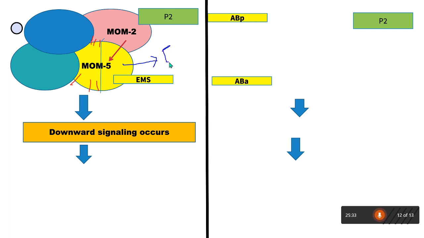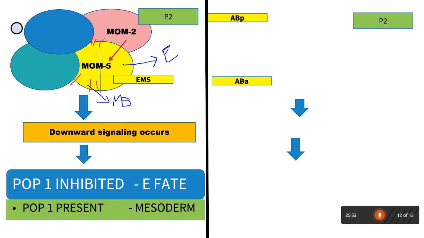And where POP1 is present, it will be following the MS fate, or mesoderm fate. So look here: when downward signaling occurs, where POP1 is inhibited, it will be the E fate, and where POP1 is present, it will be the mesoderm fate.